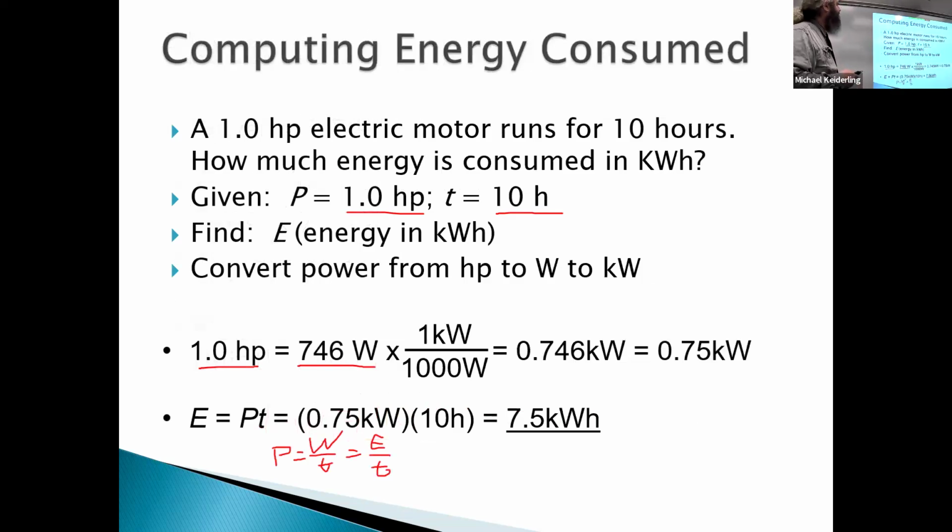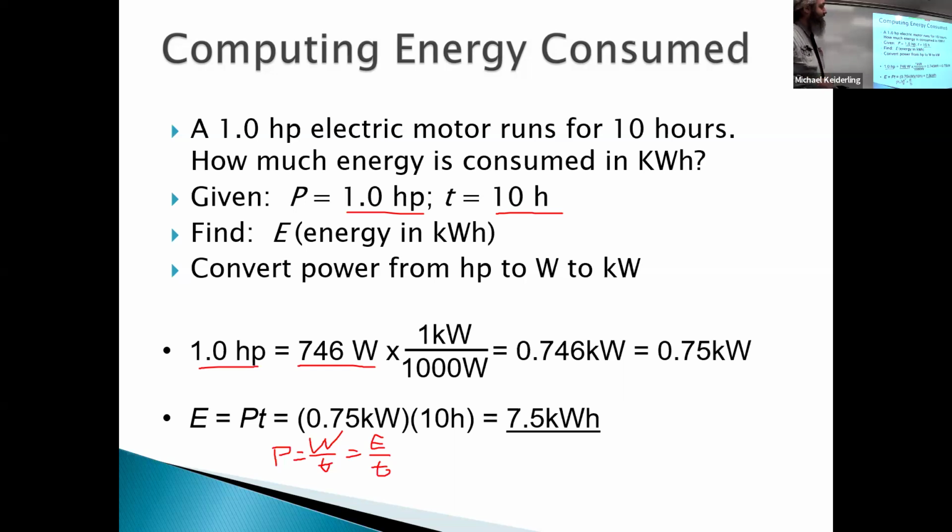So if you have a 1 horsepower electric motor that runs for 10 hours, how much energy is consumed in kilowatt hours? So power is 1 horsepower, time is 10 hours. So we're going to need to convert power from horsepower to watts to kilowatts. Well, 1 horsepower is 746 watts, or 0.746 kilowatts.